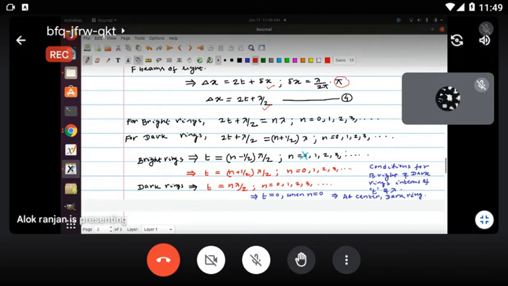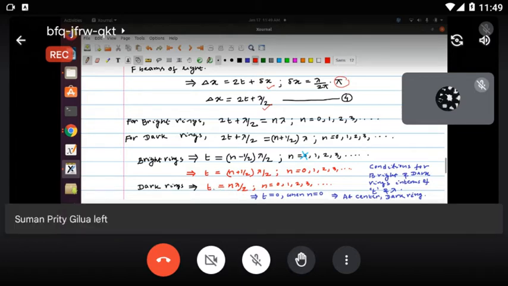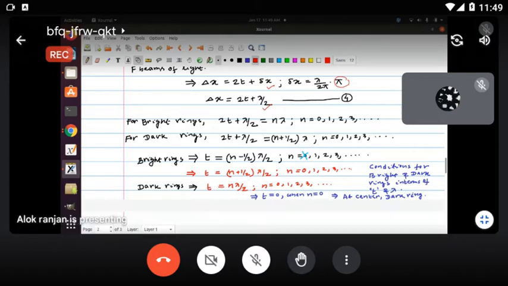So now we derive the mathematical expression for bright and dark rings, and when we put n equal to 0 in the expression for dark rings, t leads to 0. So t equal to 0, what does it indicate?